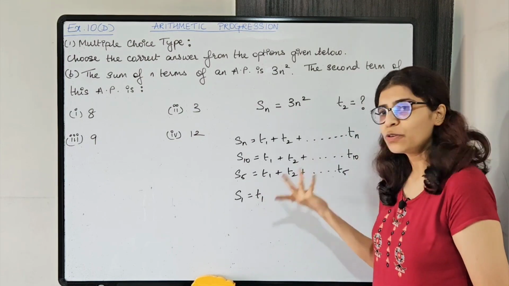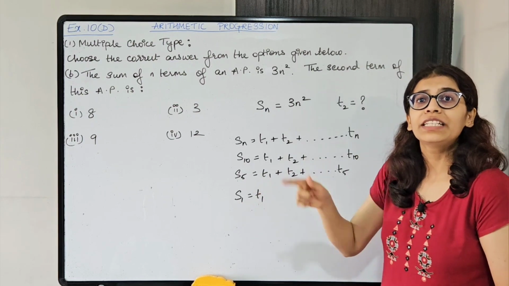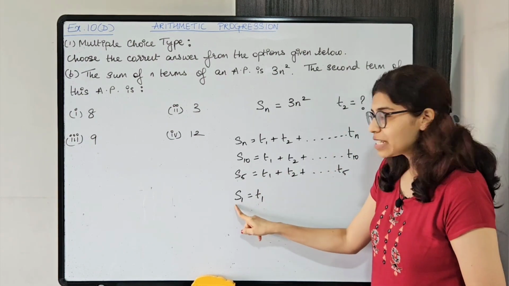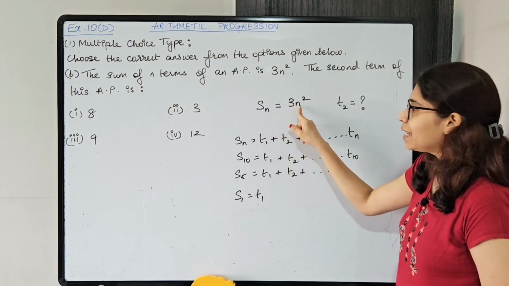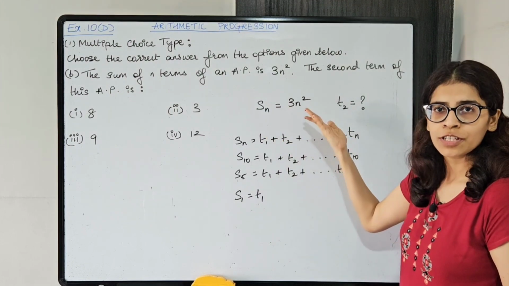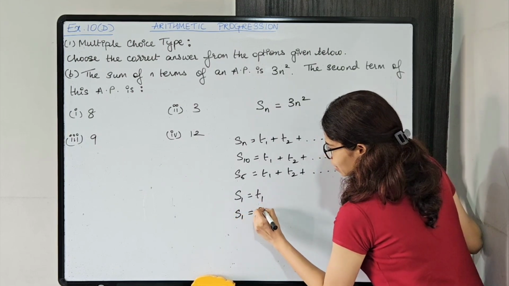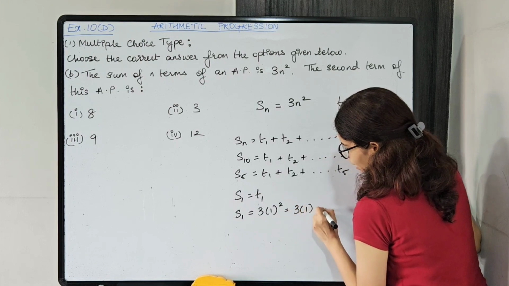Right. First term only. So S1 जो मुझे मिलेगा that will give me the first term of the AP. Alright, so S1 will be T1. So all I have to do is put n की जगह पे 1 and find out the first term. So S1 is 3 into 1 square, which is 3 into 1. That gives 3.